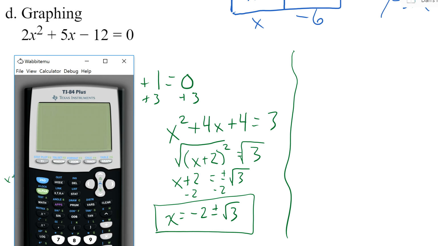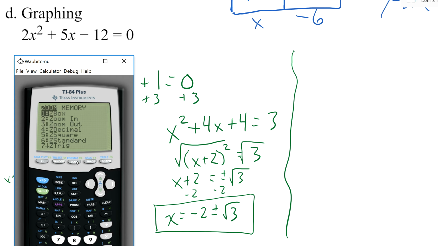Let's turn that on. Okay, so I'm just going to go to y equals here. 2x squared plus 5x minus 12. And we want to see where that equals 0. Okay, so we're looking for where it crosses the x-axis.